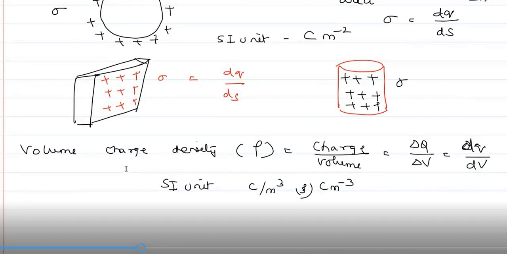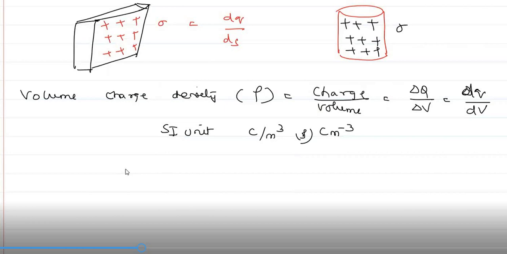But you may ask, what happens in a conducting sphere? A sphere is the best example for this. But as you know, charges reside only on the outside of a conductor. I told you, charges reside outside because of the force of repulsion. They don't like each other and go and sit on the outer surface. But here I am talking about uniform volume charge distribution.